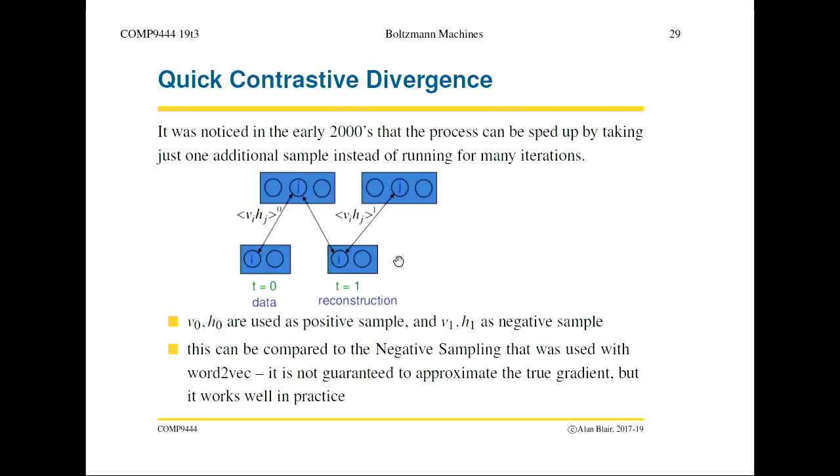Theoretically we should be running this back and forth several times. You can think about it geometrically. You start with a real sample, and if you ran the back and forth several times, you'd get to another sample that may be quite far away, and you should be decreasing that and increasing this.